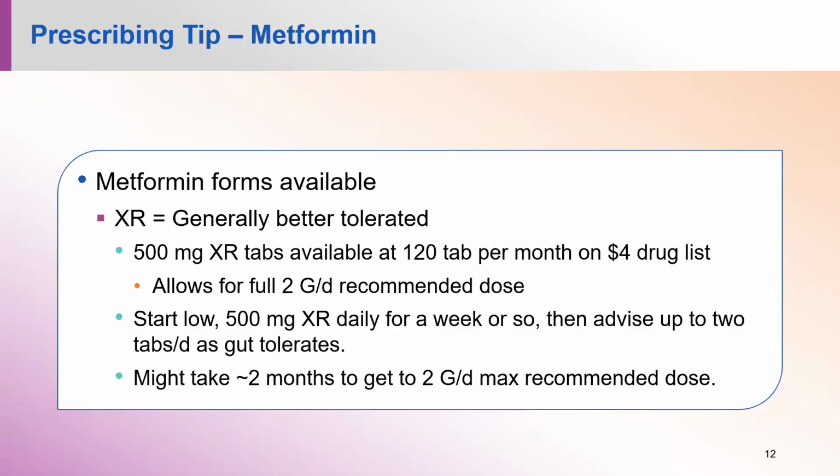But this is kind of a quick and dirty way of prescribing it where you know the patient's going to get it for $4 a month. Can you tell that my practice has been in the lowest income urban neighborhood in a 6-state region? So I'm always looking for how we can save the patient some money and help the healthcare system save some money too.